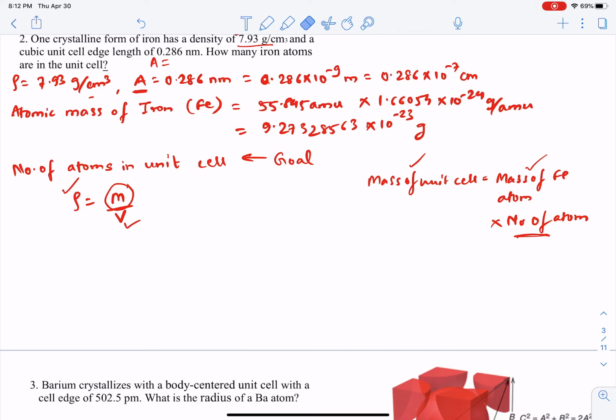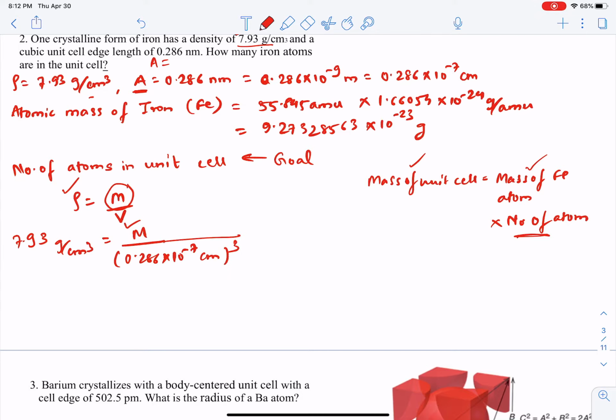Okay, let's do it step by step. We'll put the density 7.93 grams per centimeter cube. You have mass, let's keep it as it is. Volume would be A cube, so it is 0.286 into 10 raised to minus 7 centimeter, cubed.